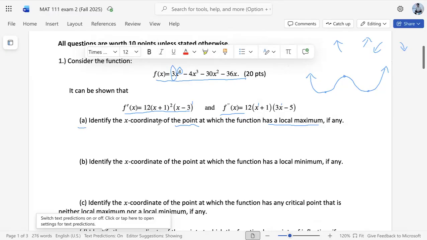Okay, so this is saying identify the local maximum. It's local, right? So it's only from certain to certain, because this keeps going, this keeps going, so the absolute maximum will be infinity. That's why this is called the local maximum, and that's only one.